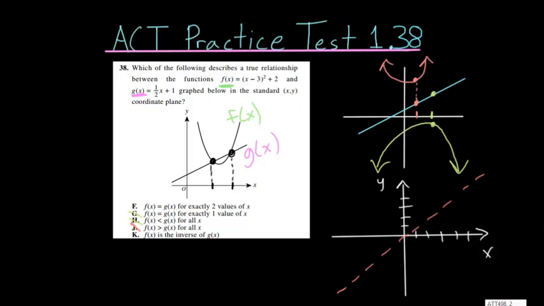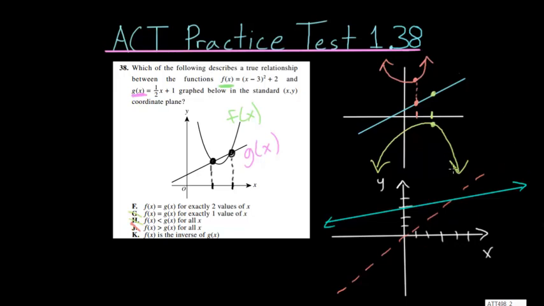So let's draw a line. Let's say this is our function here. We'll call that g of x. And its inverse would just be an image across this line here.